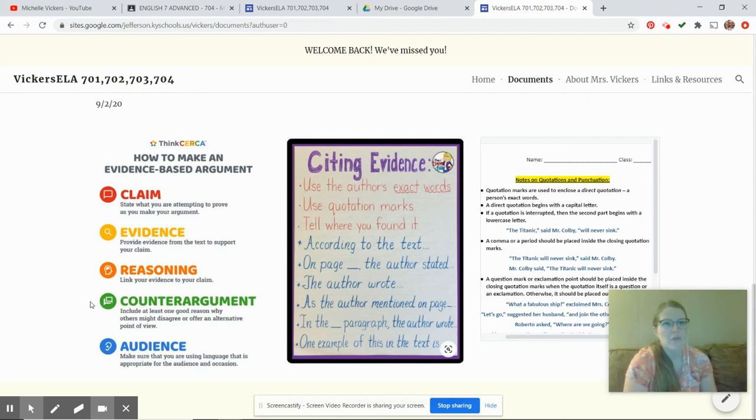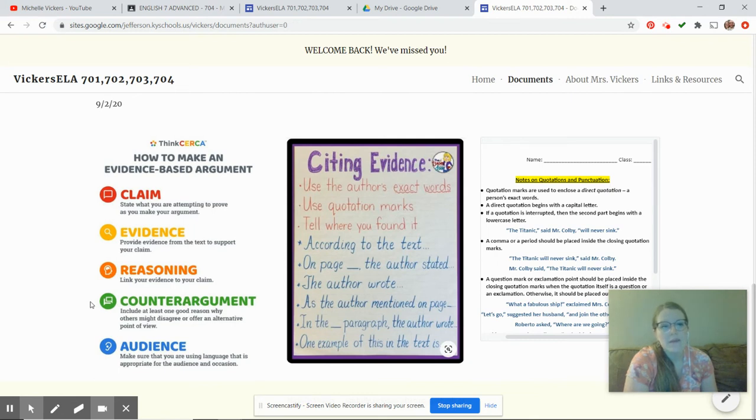You could have 2 pieces of evidence within the same paragraph, which means you're going to need 2 explanations as well. So you might have statement, evidence, explanation, all within the same paragraph, because the 2 pieces of evidence would both be supporting your answer, your statement.